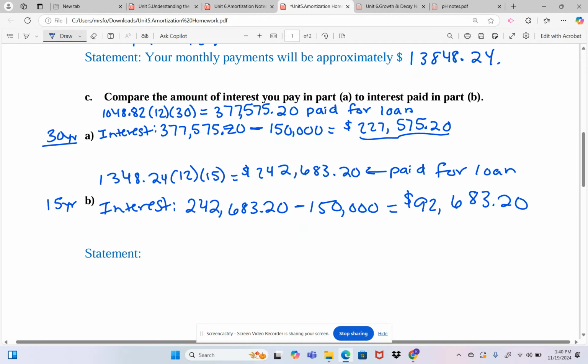So, how much more interest did we pay in the first option? The first option, we pay $77,575.